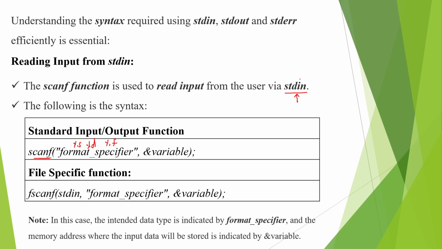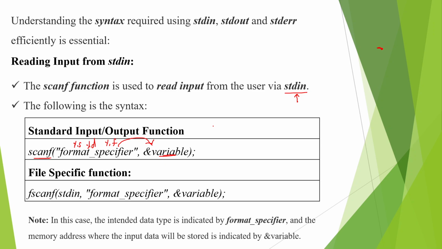Then we give the addresses where we want to store that data. The &variable is nothing but the address of the variable where the data we are reading is going to be stored. Hopefully this is clear. So scanf by default is associated with the standard input stream.